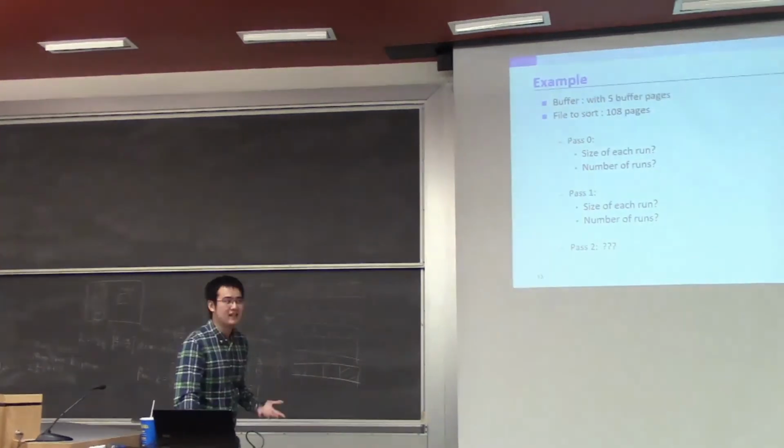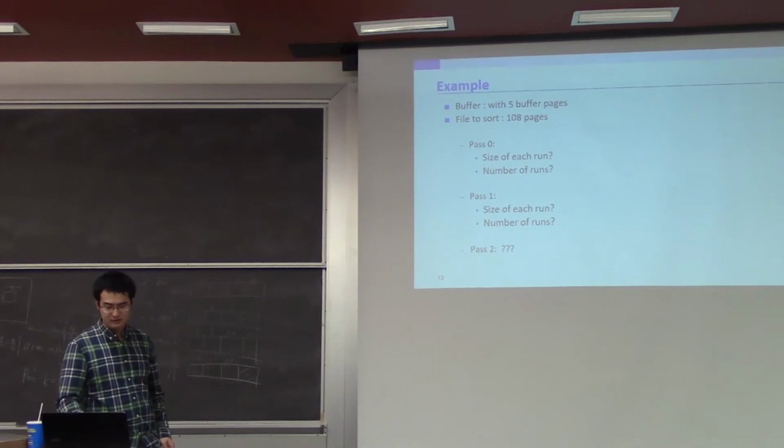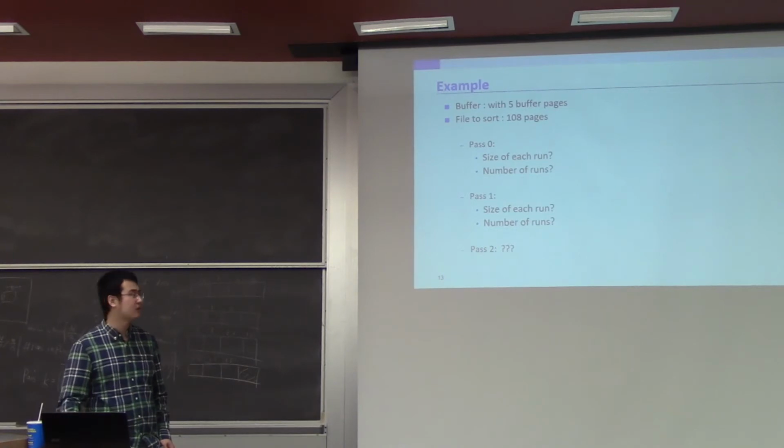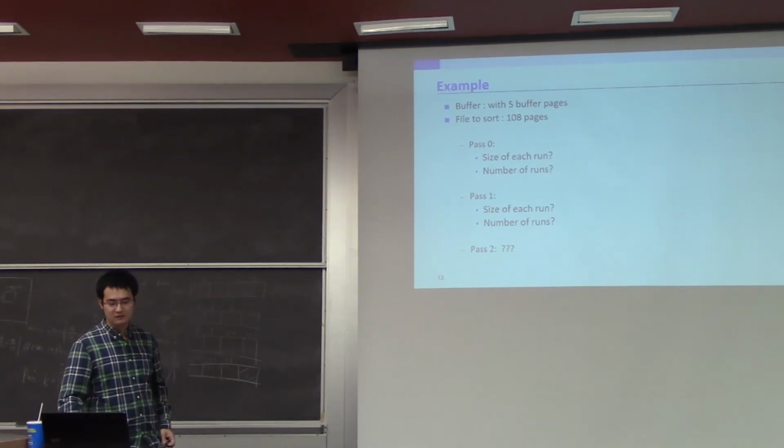So with that, we can apply that calculation to a concrete example. Here we have 5 buffer pages, and the total number of pages in the file is 108 pages. For pass 0, you will use all of the 5 buffer pages to do an internal sort on every 5 pages in the file.